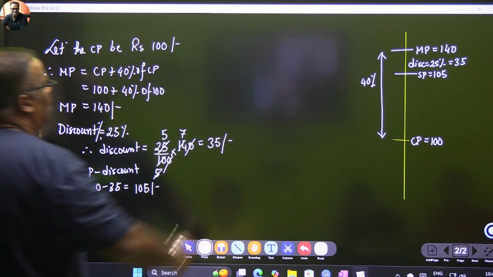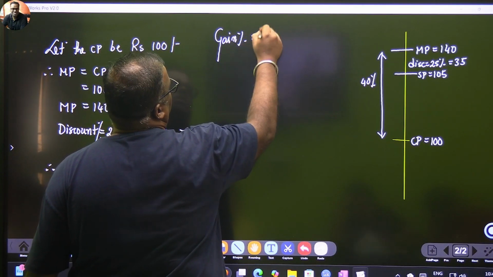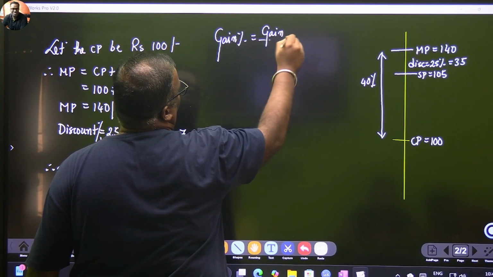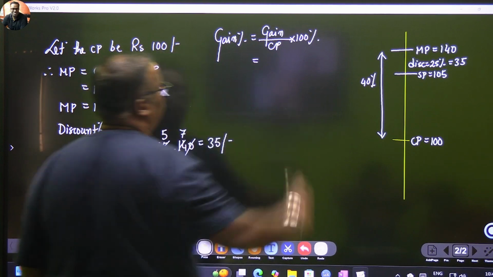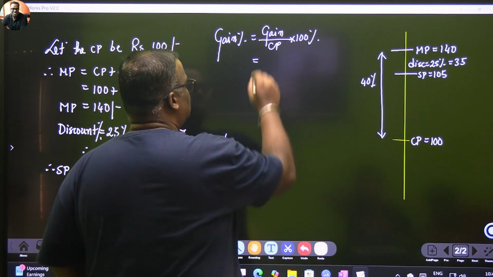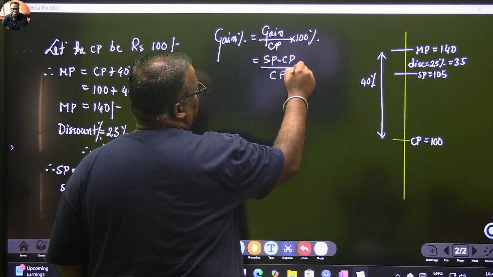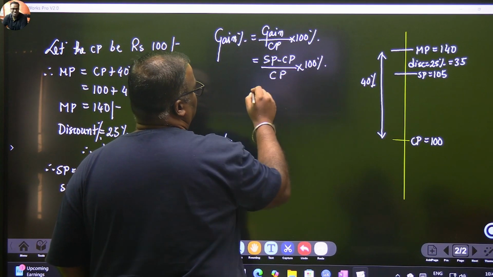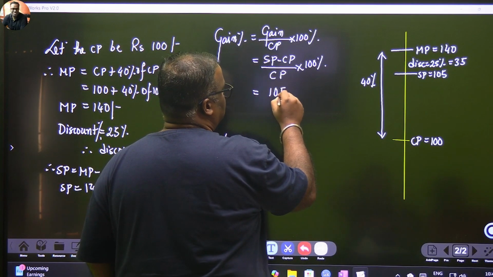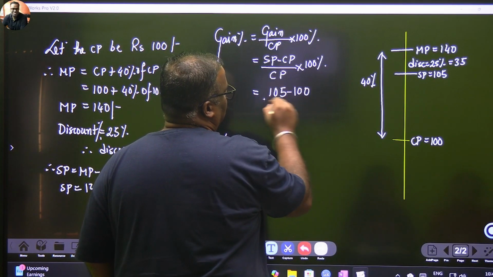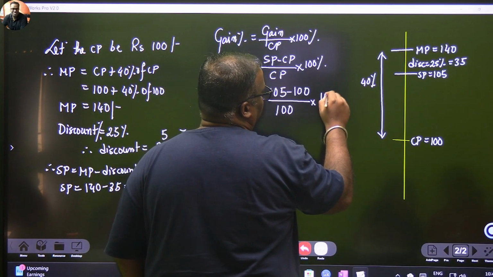Fine. Now we find what is our gain percent. It is gain over CP into 100%. How much is the gain? The gain is always given by the excess of SP over CP divided by CP into 100%. So what is the SP? 105 minus 100 divided by 100 into 100%.